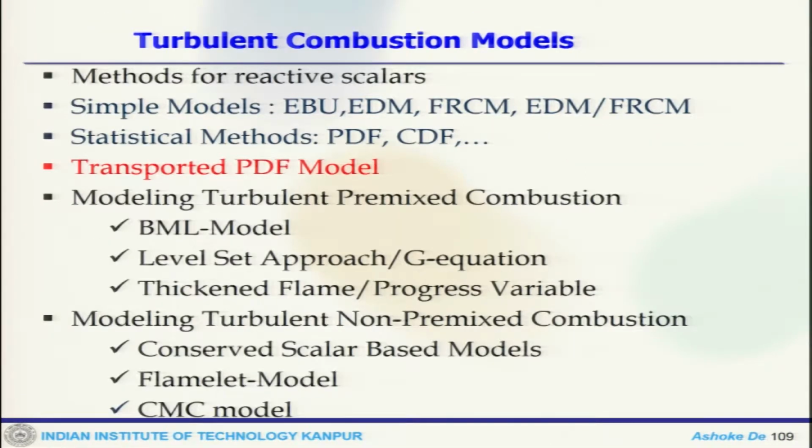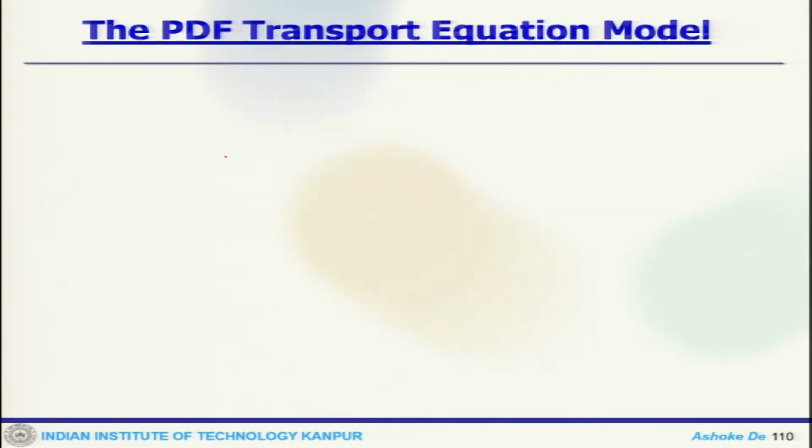Now, using those statistical information, we look at the transport PDF based method, which is a statistical approach, similar to your moment method. This is called the PDF transport equation.